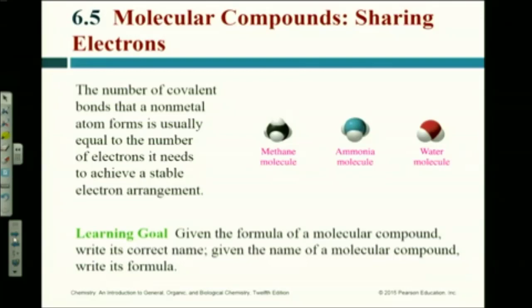I give you my electrons, I become positive, you become negative. But what if we don't want to give them up? What if we want to share them? We share my electrons in between the two of us, so we both get to count them? That's better, huh? Yeah, sometimes. Some elements do that, okay? And those are called molecular or covalent compounds.